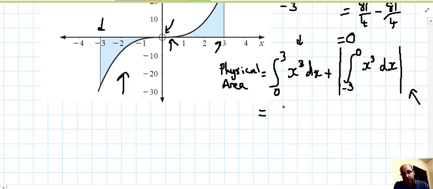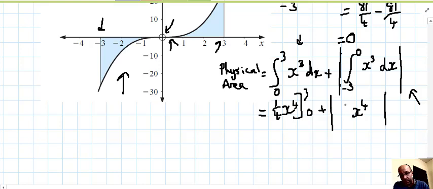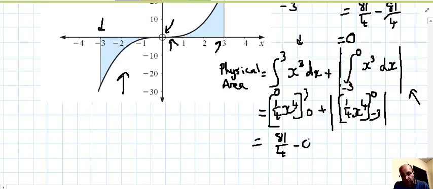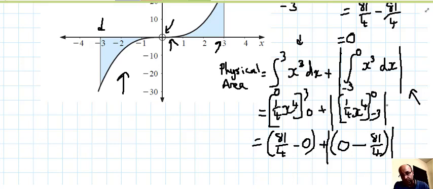So basically we got this here, plus that there, and so that will be 81 on 4 minus 0 plus the absolute value of 0 minus 81 on 4, because -3 to the power 4 comes out as a positive.